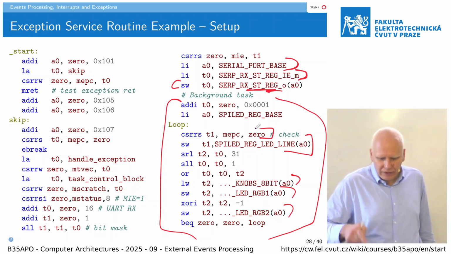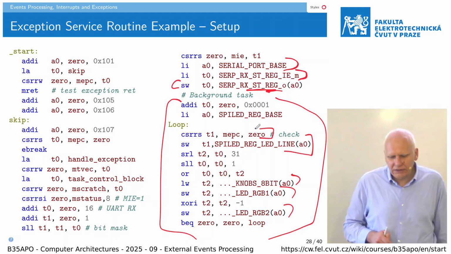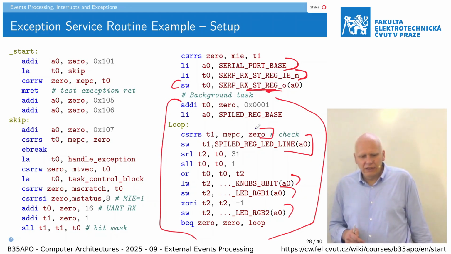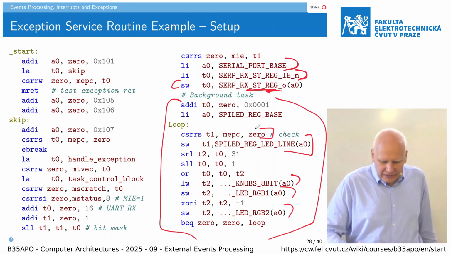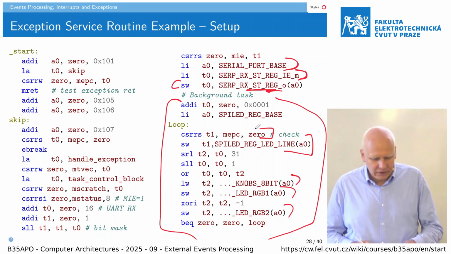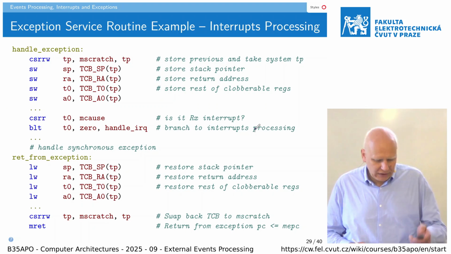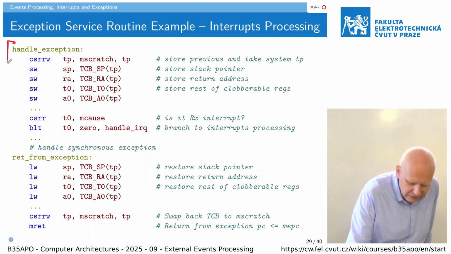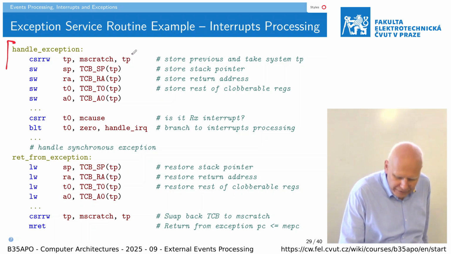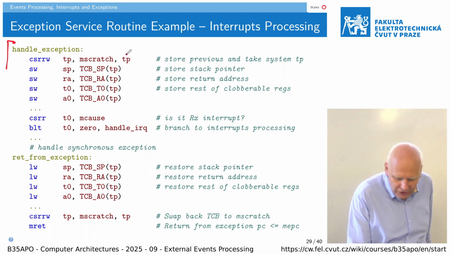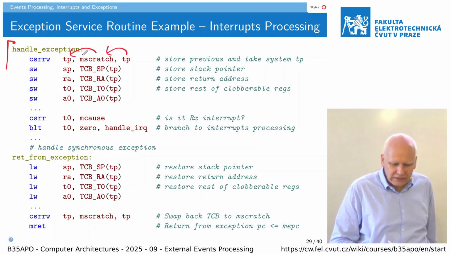And now we want to press the key, and the system should react by stopping that background task and do something in the exception handler. So we have there the start of the exception handler. In the exception handler, we first switch the thread pointer with the scratch register.